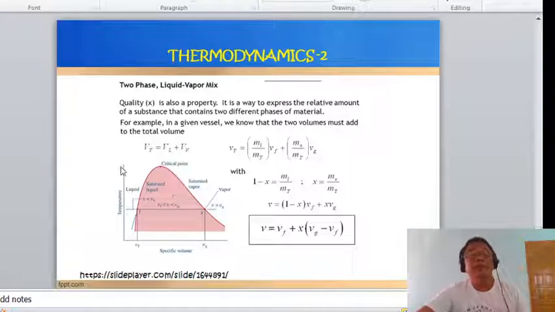That is it, class. You can also replace this if you want to determine the entropy: just replace all V with the letter S. And for the internal energy, you also replace this V by the letter U, and so on, class.